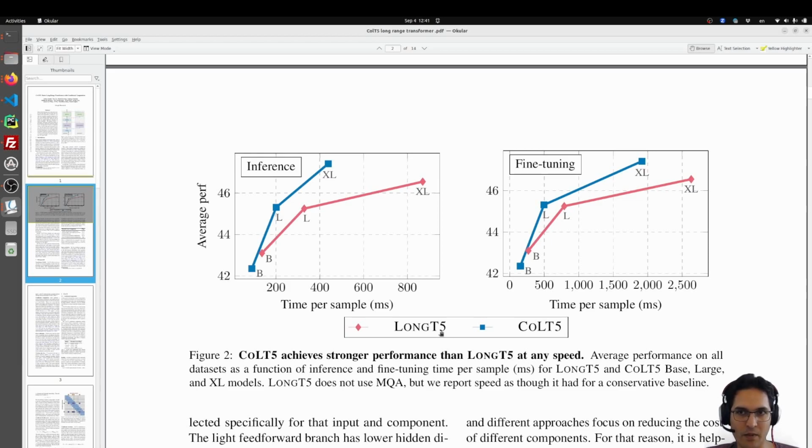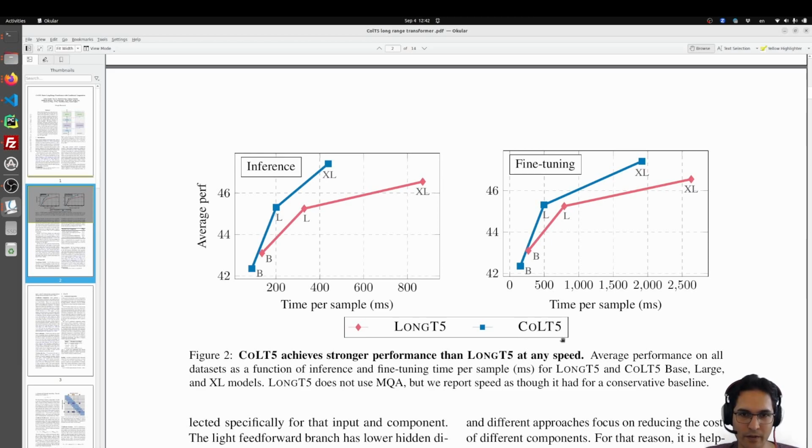For example, you have 64K tokens; per 16 tokens you apply an average and apply attention on this sampled window instead of applying the attention on the whole thing. That is the main concept of LongT5.